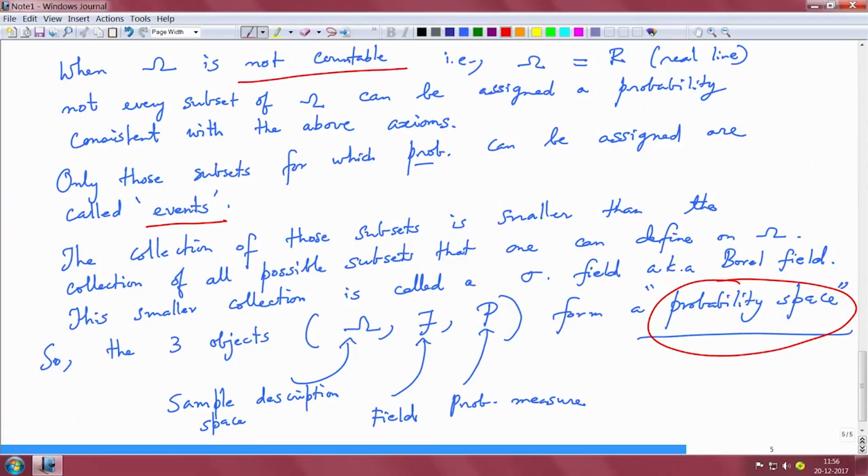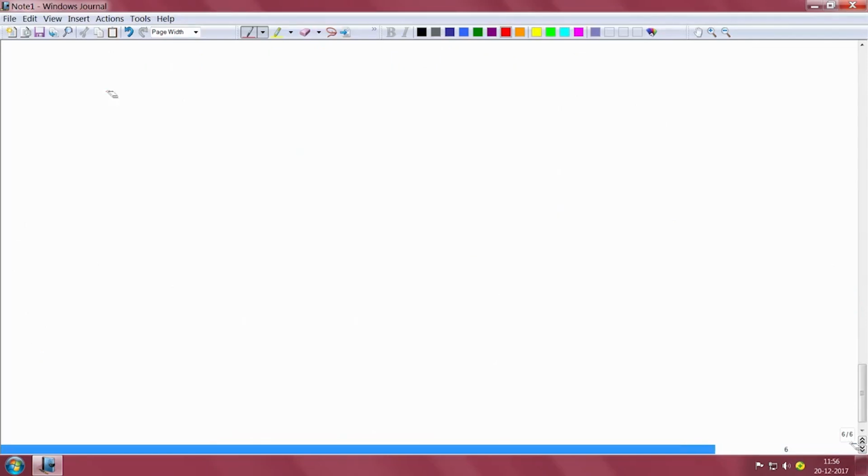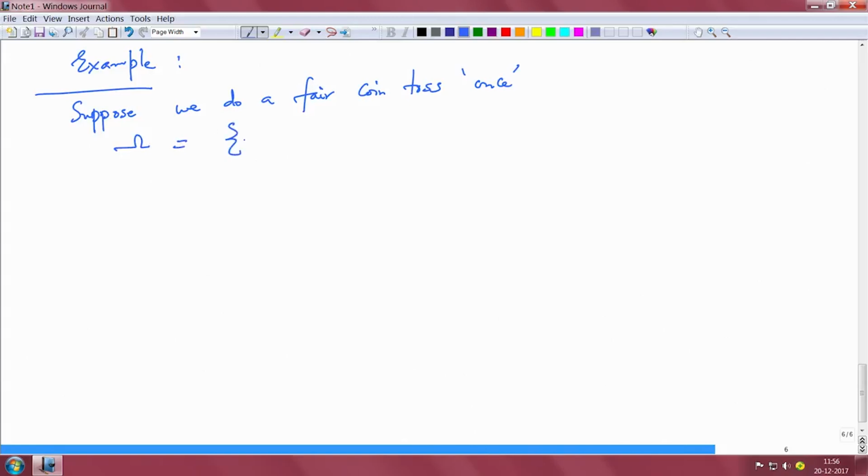Let us just revisit in this context the simple coin toss experiment and see how we can relate these objects. So, suppose we do a fair coin toss once, right. That means we have a collection of two subsets which are the head and the tail, outside of the null set and the universal set.